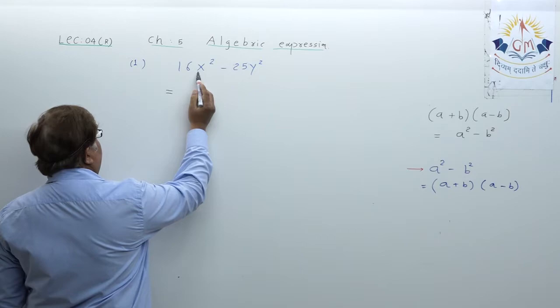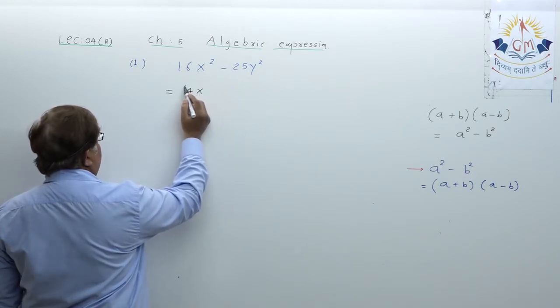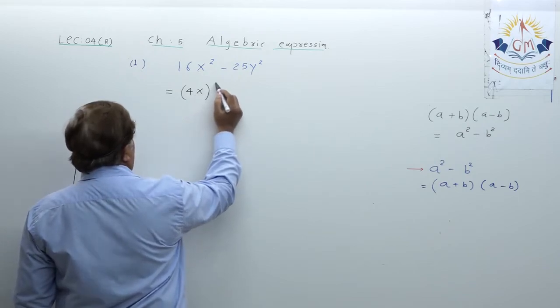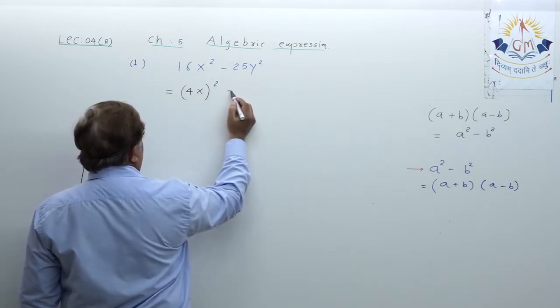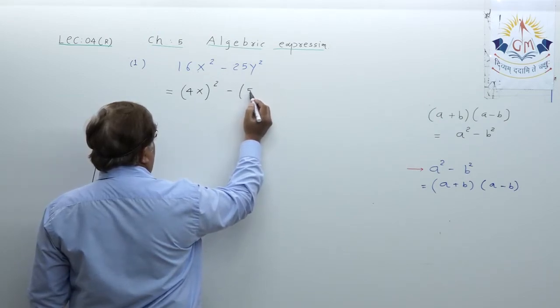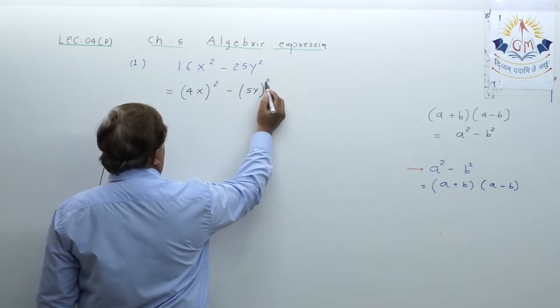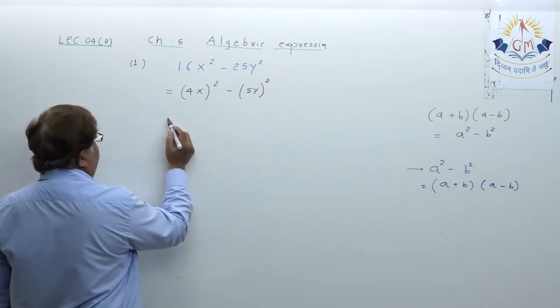Find the square root of this, 4x whole square. Find the square root of this, 5y whole square.